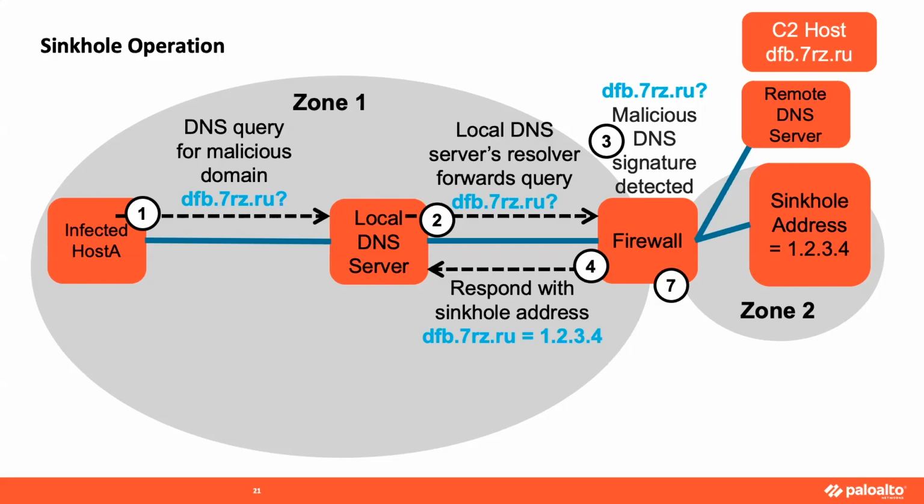So what the firewall does in effect is become a proxy for DNS, and it sends the sinkhole address in this case. It can also block, it can do other things, but in the case of sinkhole, it's going to send an address back, which will then inform the local DNS server the address is actually what the firewall tells it it is, so that the infected host receives the wrong IP address and cannot contact the host it's trying to contact.